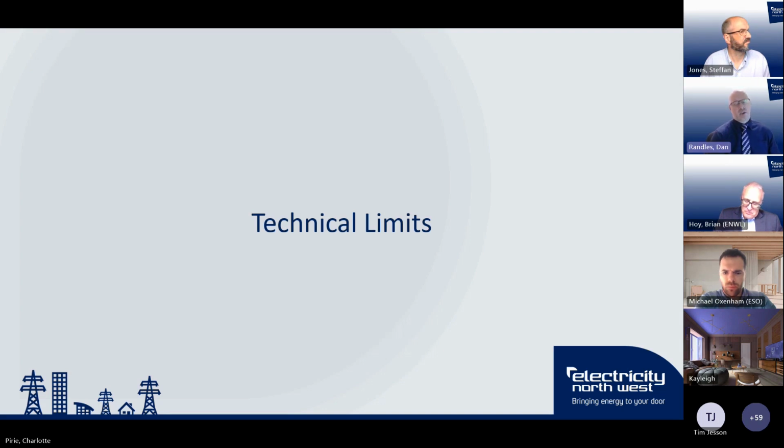I've got a series of slides here which introduce the concept technically of these new limits, what they are, and then some slides which attempt to illustrate how technical limits will be applied at a typical grid supply point, what that looks like, and identify the benefits or the opportunity that the use of technical limits brings to DNOs and to customers wanting to connect to the distribution network.